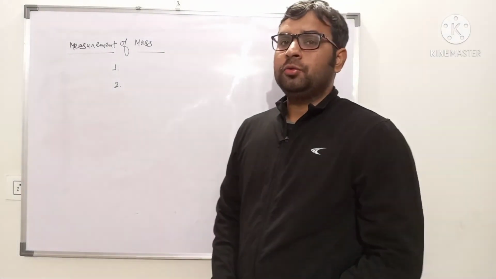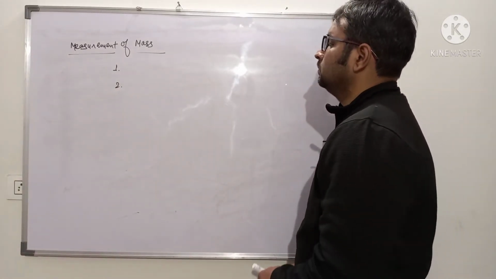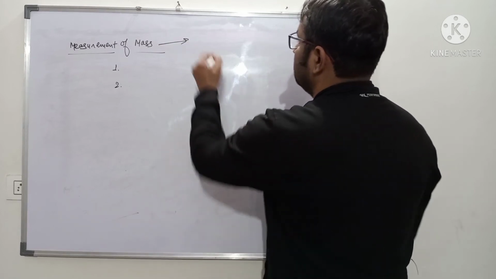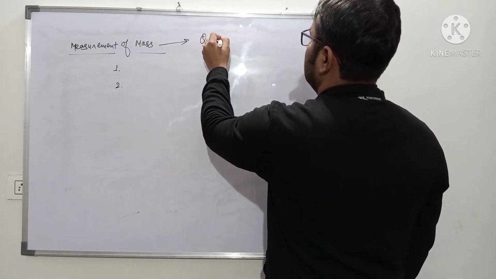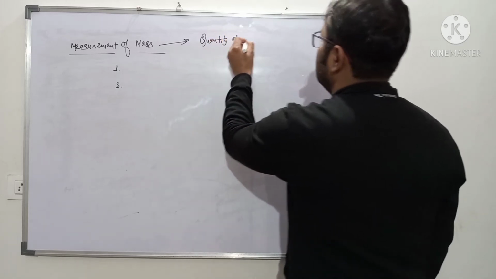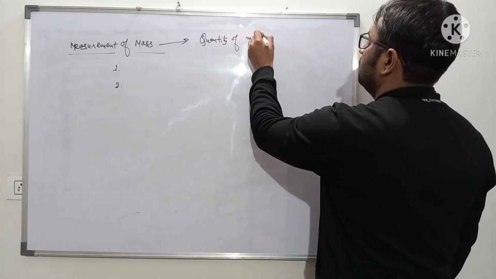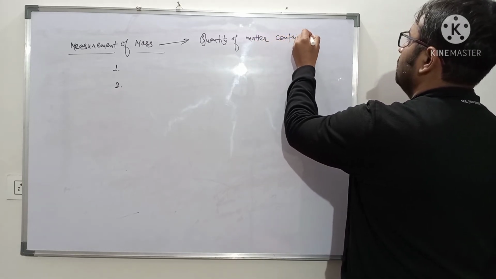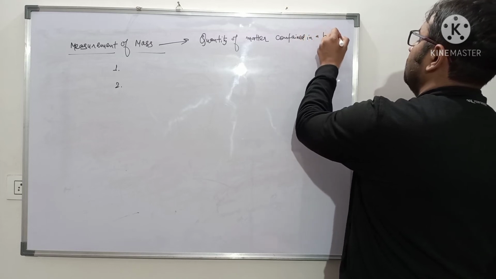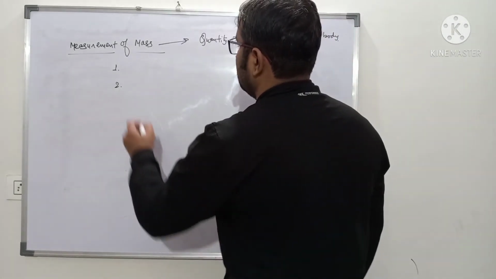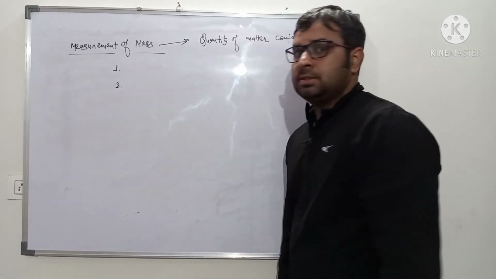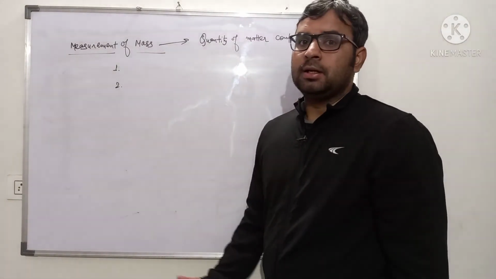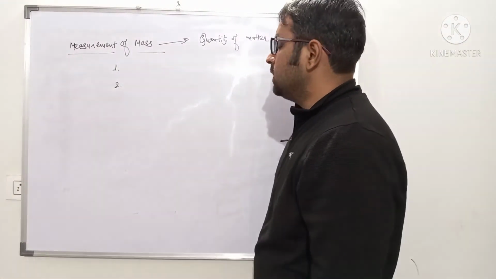Let us move on to a new topic, measurement of mass. Mass is defined as the quantity of matter contained in a body. We have very light particles like atoms, and we have very heavy bodies like Earth, Sun, heavenly bodies, which have very huge masses.